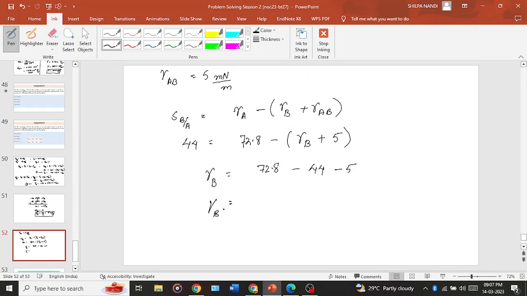How much do we get as gamma B now? It will come at around 23.8 millinewton per meter. So we were able to solve both the gamma AB and gamma B values.